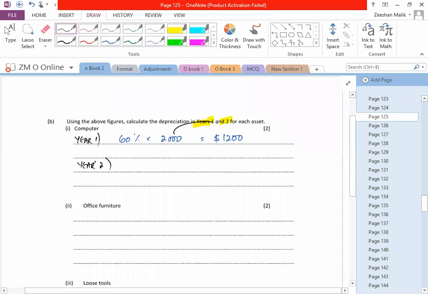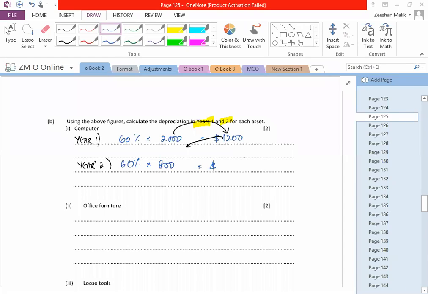So kindly subtract, then apply 60% on 800, and the answer will be 60% of 800.